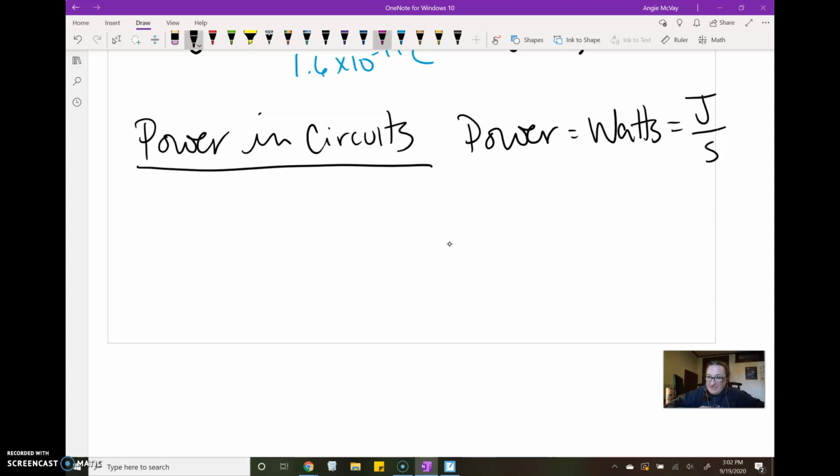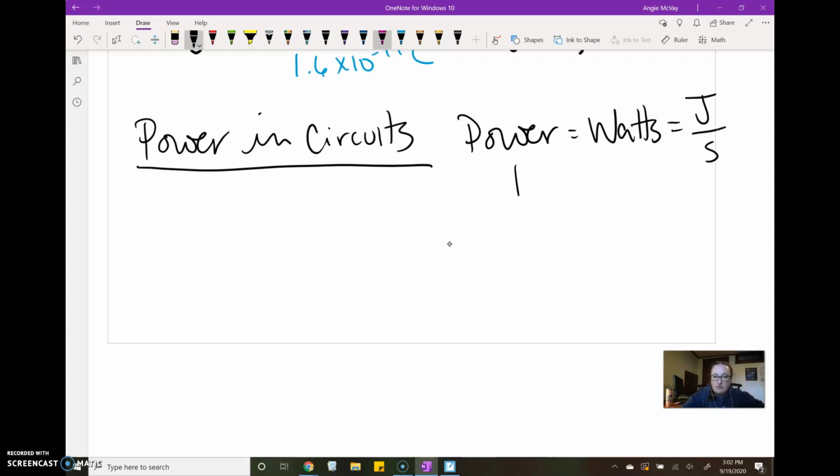So the power that's used depends on how much energy the circuit has in the first place, what the voltage is. It depends on how much current is running through a resistor as a result. And so there are actually 3 ways that you can write these equations.